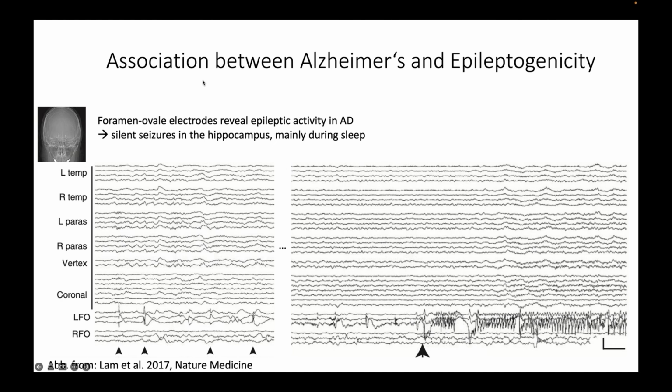This is what I mentioned before, that this fits well together with the phenomenon of increased epileptogenicity in Alzheimer's disease. Here you can see EEG recordings via foramen ovale electrodes in Alzheimer's disease patients, so invasive recordings that show epileptiform activity in the hippocampus, which does not appear in the surface EEG, and which is also part of this hyperexcitation.